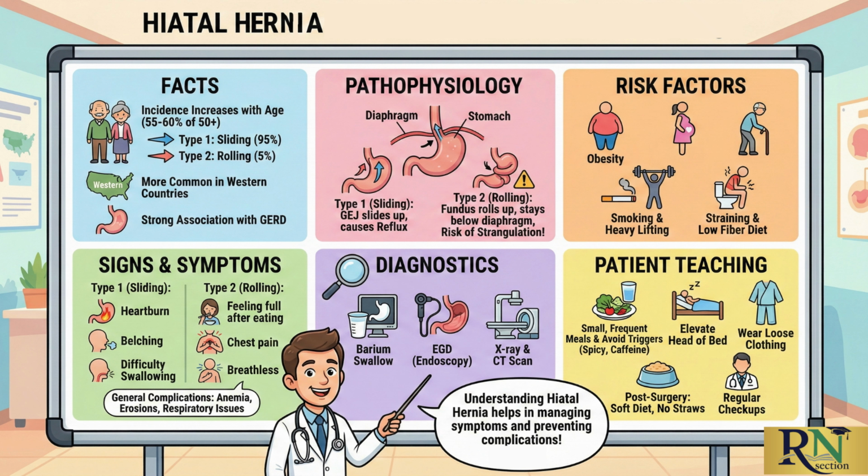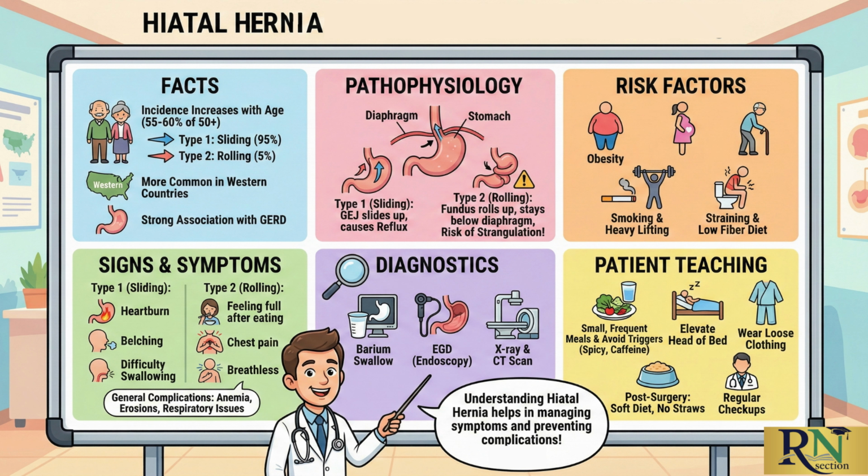The pathophysiology definition in the book says that hiatal hernia occurs when part of the stomach protrudes upward through the esophageal hiatus, an opening in the diaphragm, into the thoracic cavity. The type 1, the sliding, is the most common type.